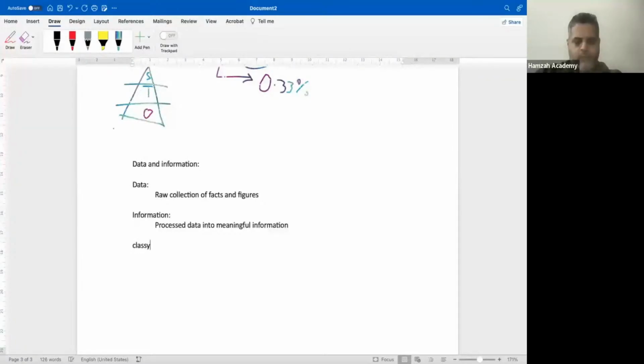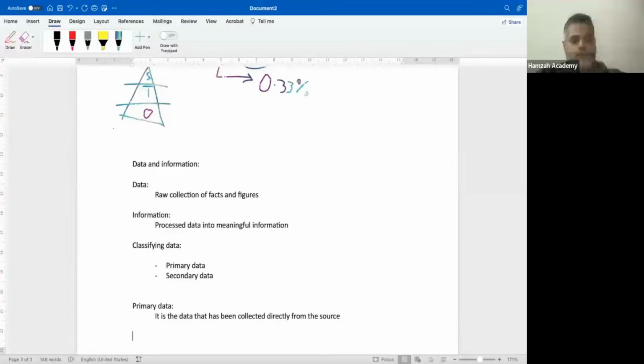Then we have classifying data, and in the classification, we have the primary data, and then we have the secondary data as well, right? Now, primary data is the data that has been collected directly from the source.